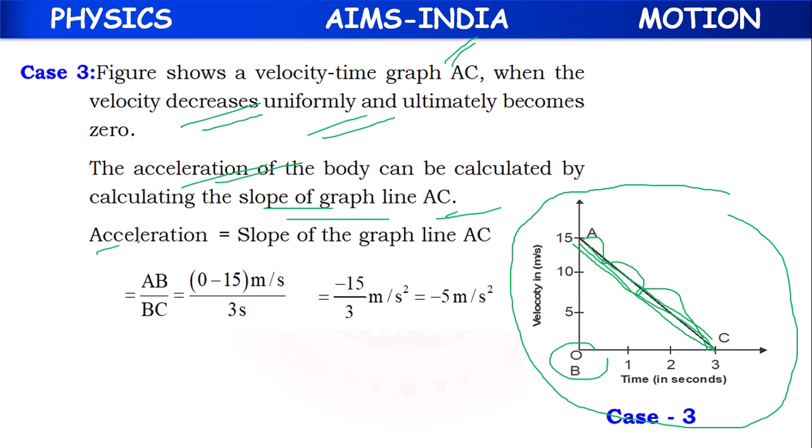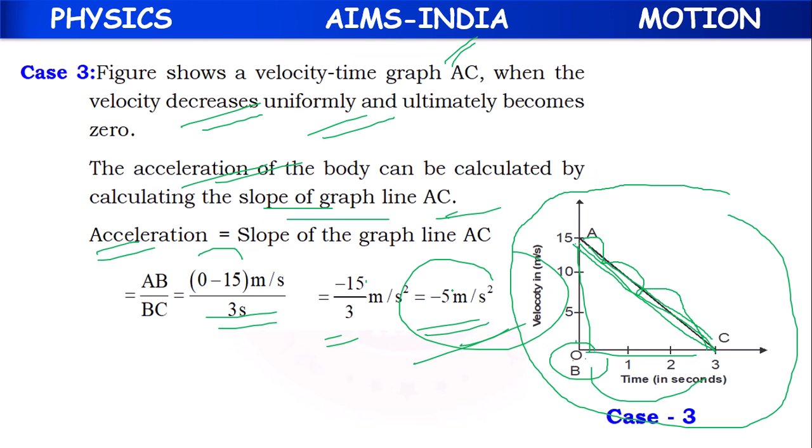So acceleration equal to slope of the graph line AC, where AB by BC. So AB value 15, final velocity is 0 minus initial velocity is 15, 0 minus 15 by time taken by the body is 3 seconds, minus 15 by 3, minus 5 meter per second square is the slope.